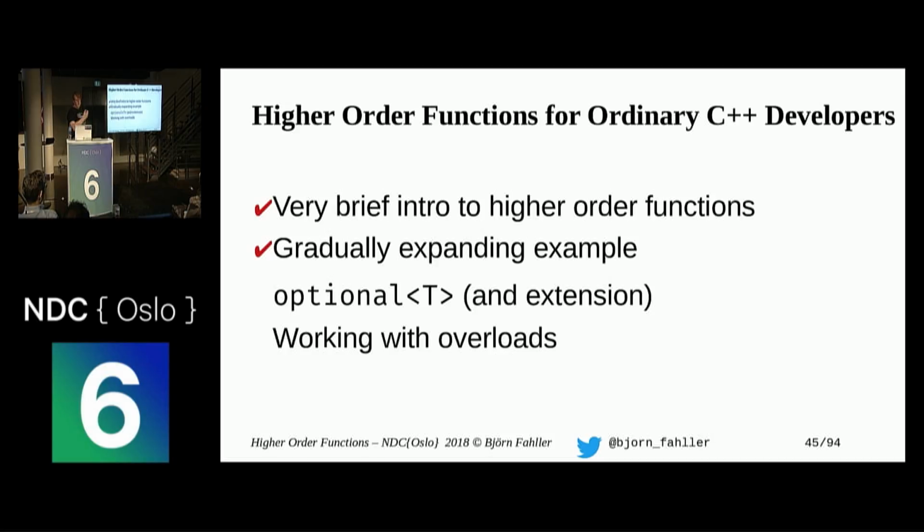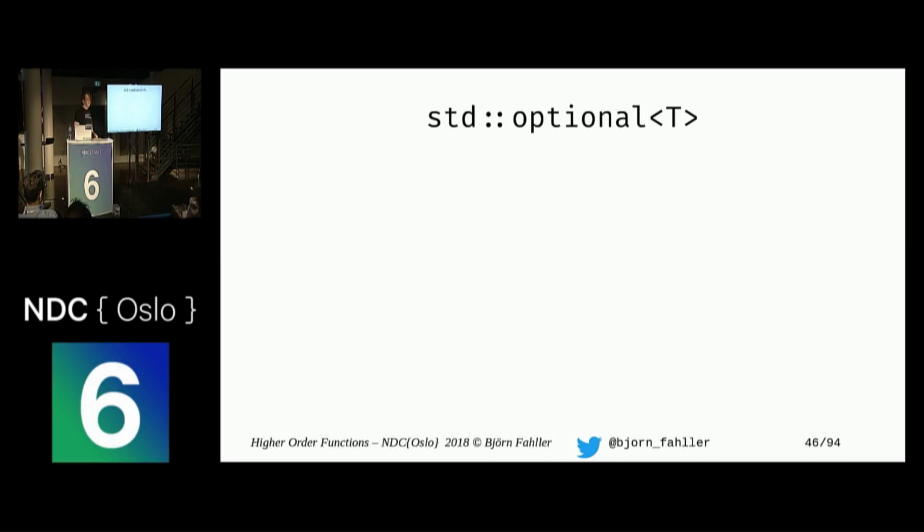So we've seen this brief intro and the gradually expanding example. I'm not going to expand on that much more, a tiny bit maybe. optional<T> is kind of cool. Are you familiar with optional<T>? It's part of the C++17 standard library.